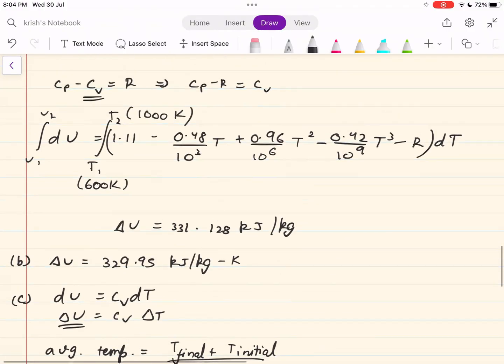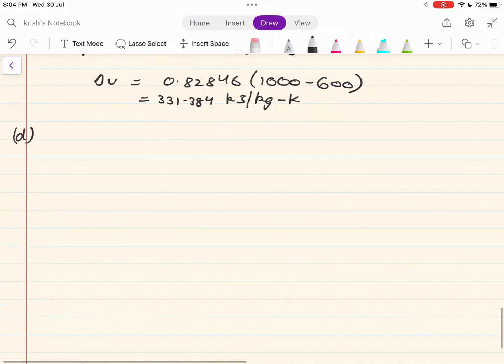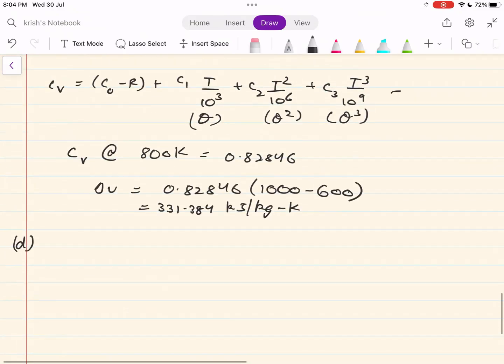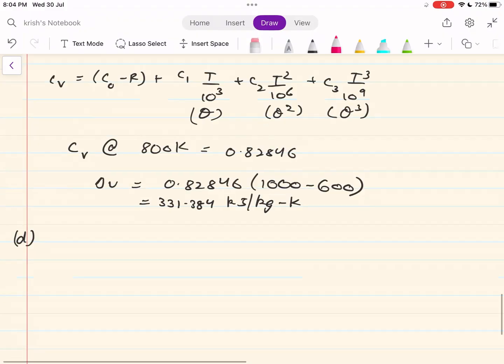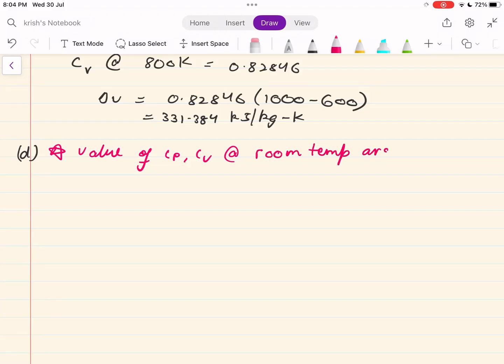Part D. The constant C value at room temperature of 25 degrees Celsius. Okay, again, two methods to do this. First, you can obviously use the empirical relationship. However, if you have noticed in the same table that you have your R values, the values of Cp and Cv are also given, and those are in fact at the room temperature. So, important to note, value of Cp, Cv at room temp are given in table A.5.